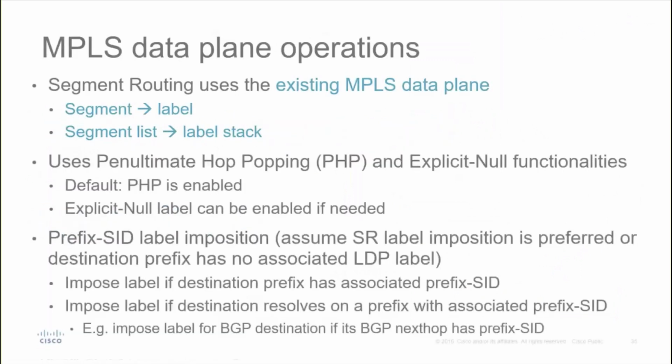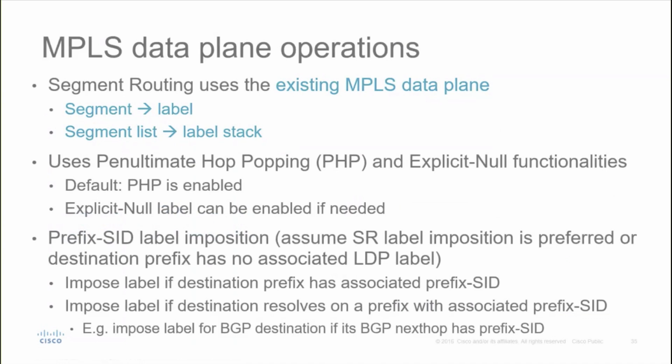Well, let's talk about data plane briefly in the remaining minutes of our talk today. In the data plane, in SR MPLS, everything is about MPLS operations. So the segment is an MPLS label. The segment list, which is the path or the set of instructions, is a label stack. But everything is label operations.